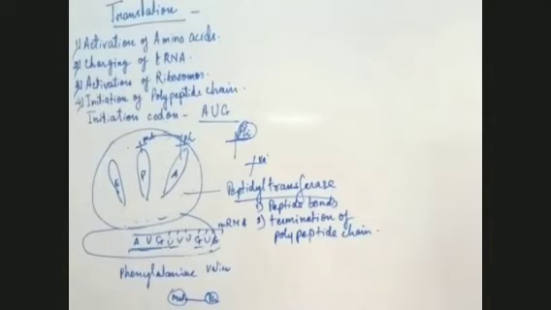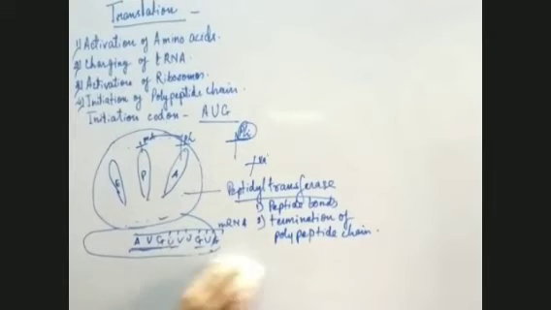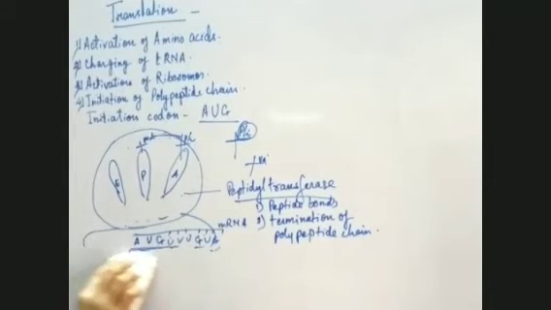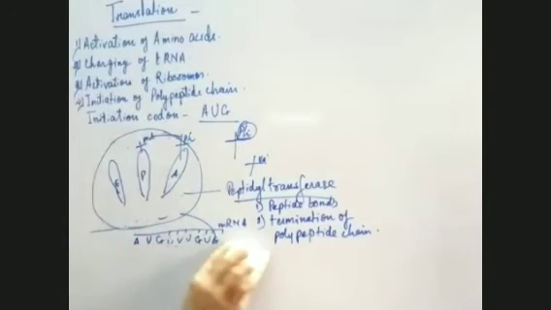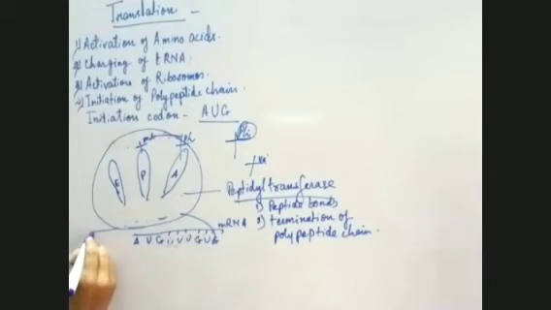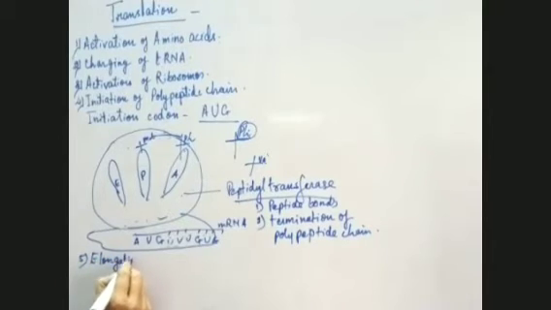Now what happens? The next step which takes place here is the fifth step, which is elongation of the polypeptide chain.